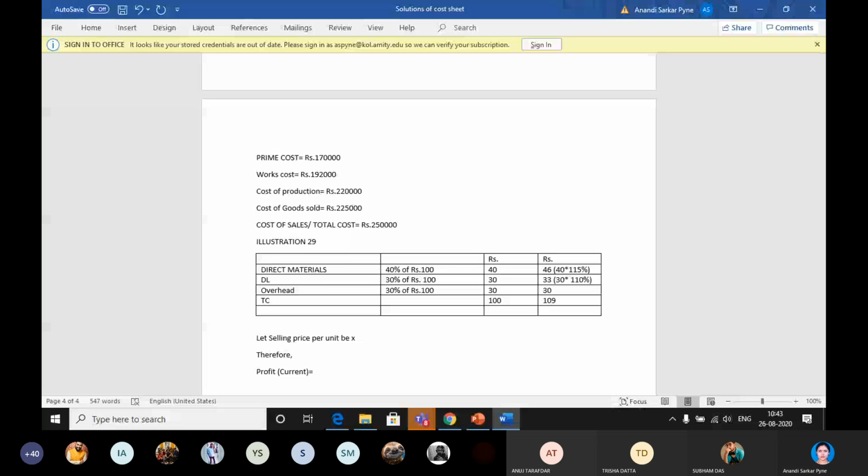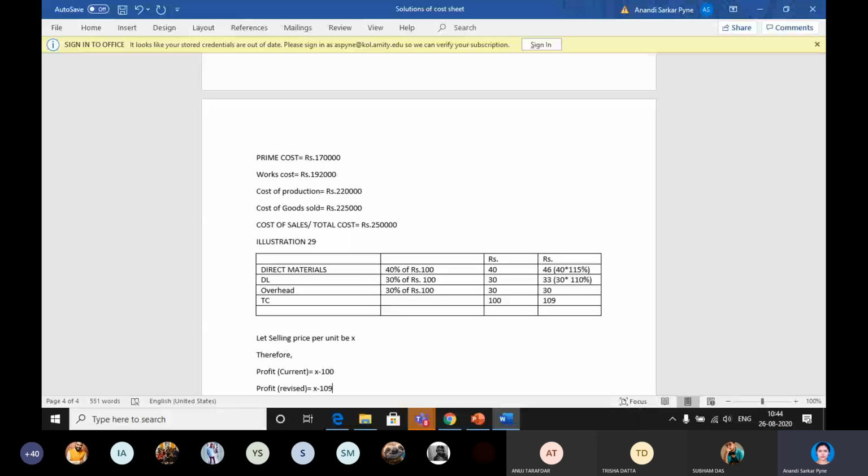Now, what do we need to find out? We need to find out the selling price per unit. So what we will do, we will simply equate the whole thing. So according to the information, the revised profit will decrease by 45% of the present profit, or we can say that 100 minus 45, that is 55% of the present profit, right?